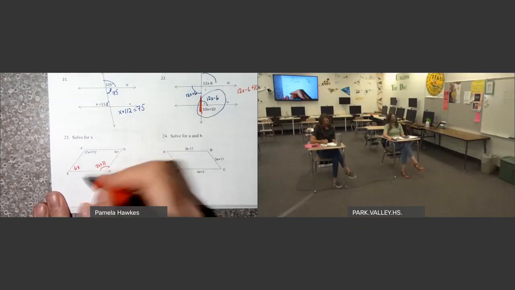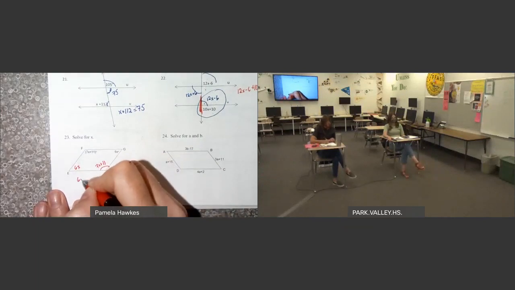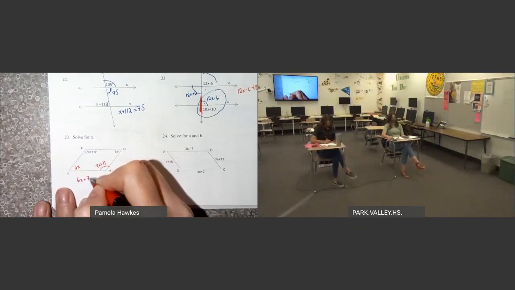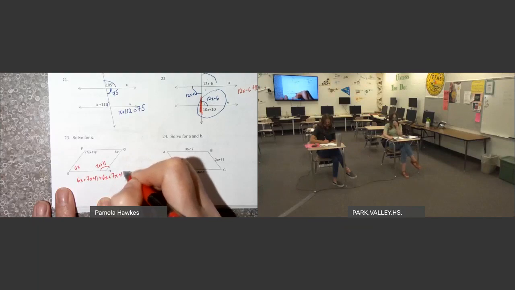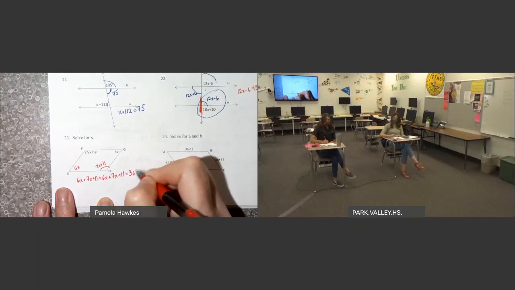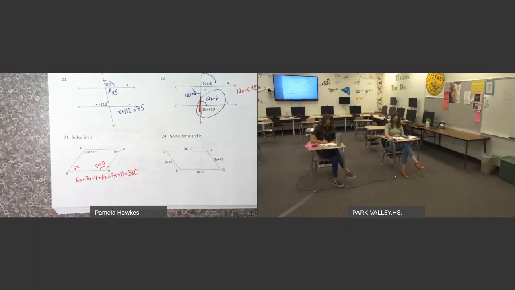So 6x plus 7x plus 11 plus 6x plus 7x plus 11 equals 360, right? Okay, is there a different way to do it?